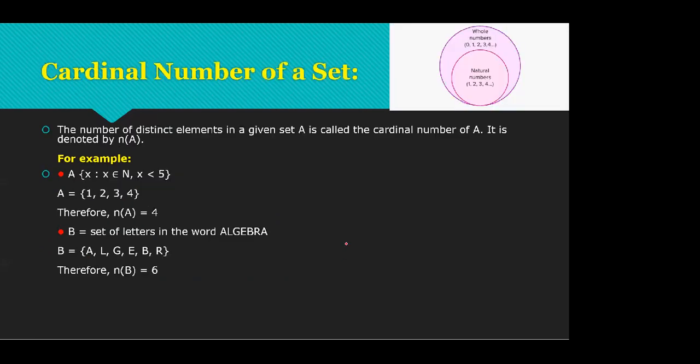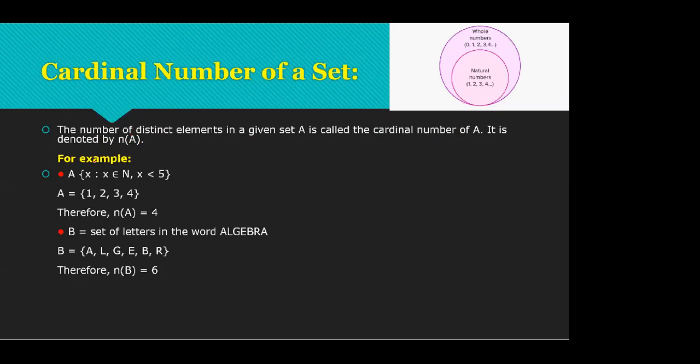So let's move to the cardinal number of sets. Earlier we had a slide wherein we talked about the cardinal number of set for the null set, right? The void set. So the number of distinct elements in a given set A is called the cardinal number of A. It is denoted by n, open and close parentheses, and the set.